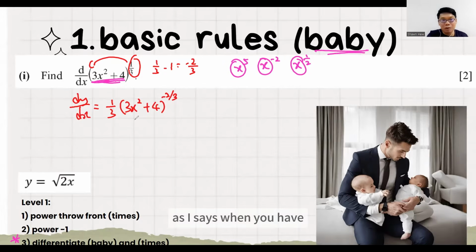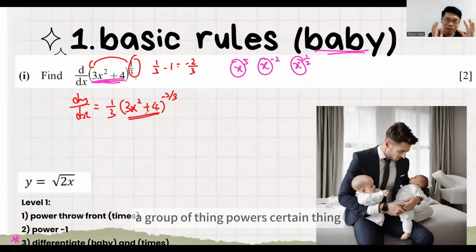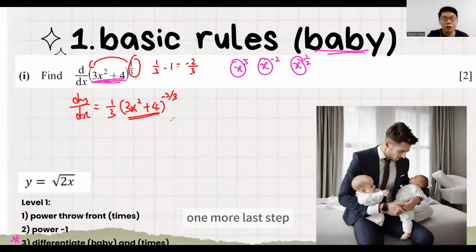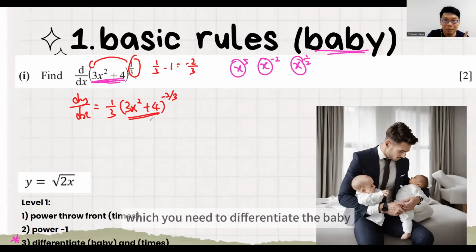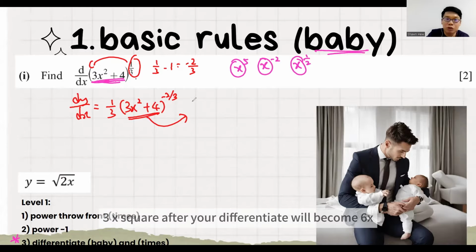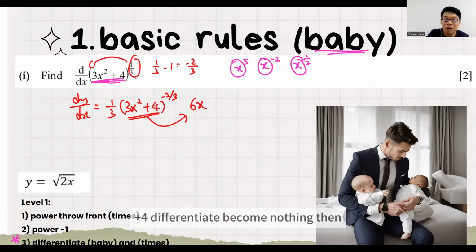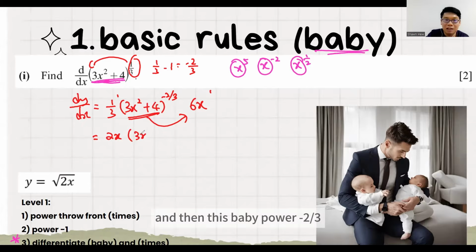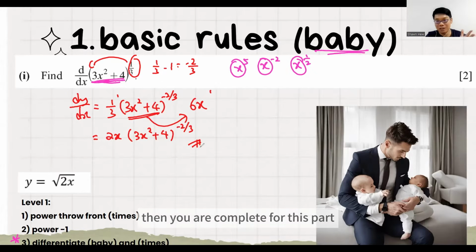As I say, when you have a group of things power certain thing, which is the baby situation, you need to do one more last step, which you need to differentiate the baby and times it. So 3x squared after you differentiate will become 6x, plus 4 differentiate become nothing. Then the thing that power 1 we can times them together to become 2x, and then this baby power minus 2 over 3. Then you are complete for this part.